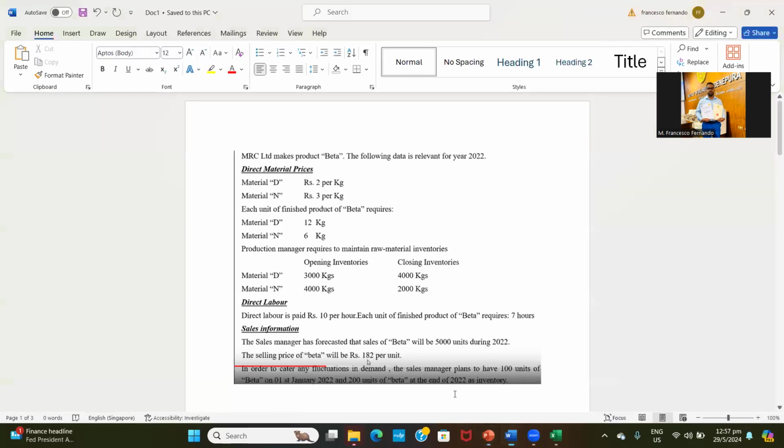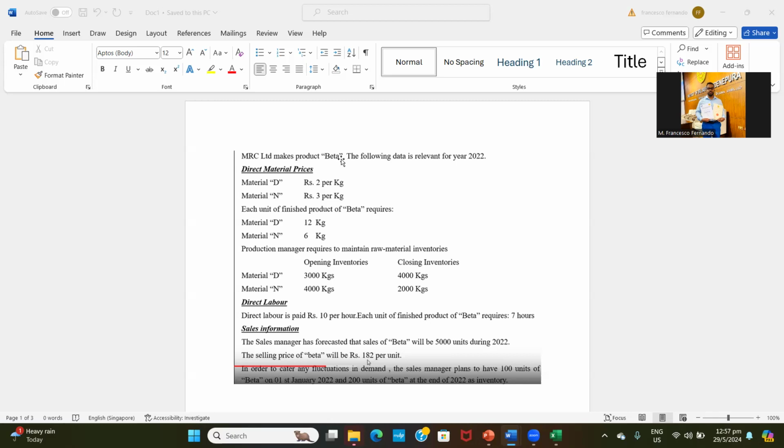So, this is the question that I'm going to discuss. MRC Limited makes products data. The following data is relevant for the year 2022. The direct material prices are given and the opening inventory and closing inventory of those raw materials are also given.